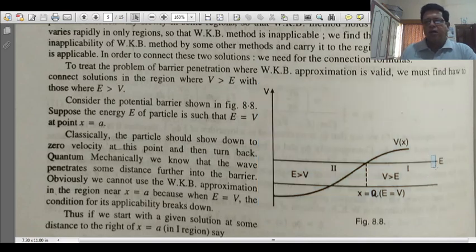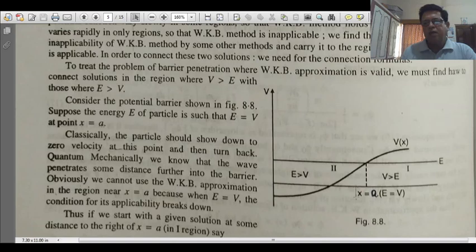Here, the energy has this constant value, but the potential changes like this curve. This is the curve that gives how the potential varies with the position.